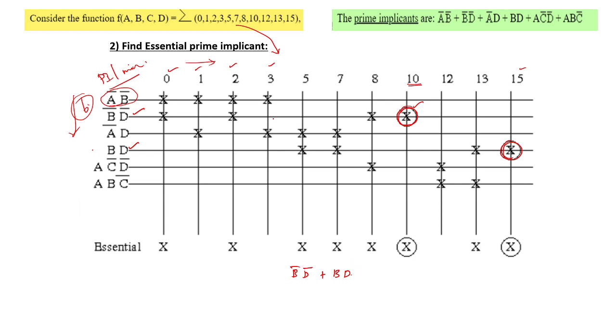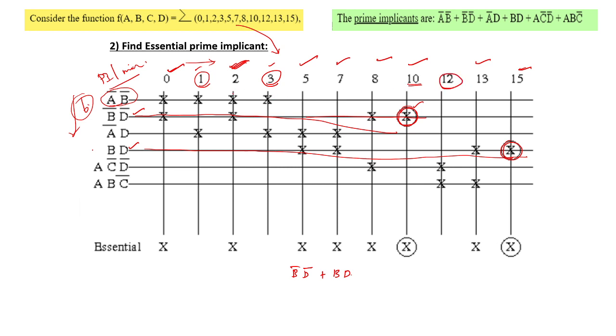Next, we also have to check that all the minterms are covered. If we consider B bar D bar, it covers 0, 2, 8 and 10. If we consider this BD, it covers 5, 7, 13 and 15. So what is remaining? Here it is 1, here it is 3 and 12 is remaining.